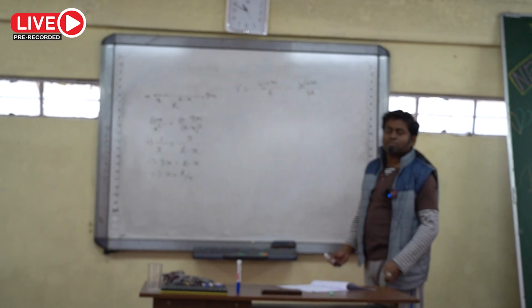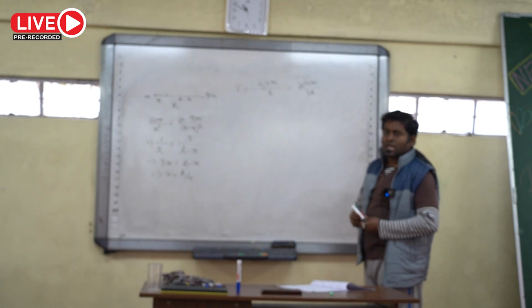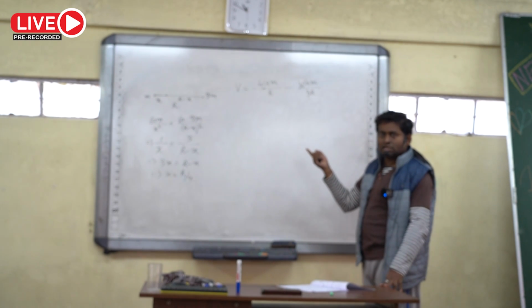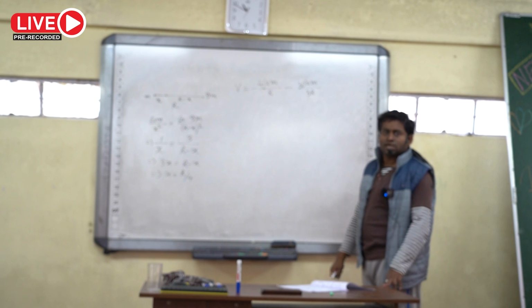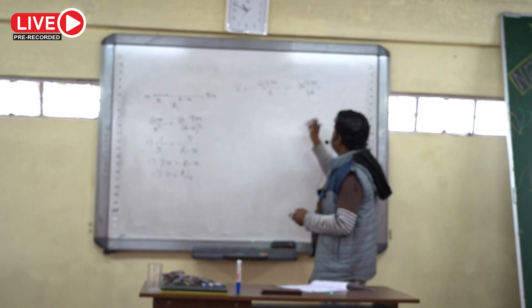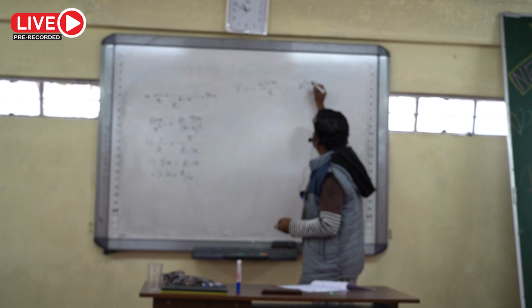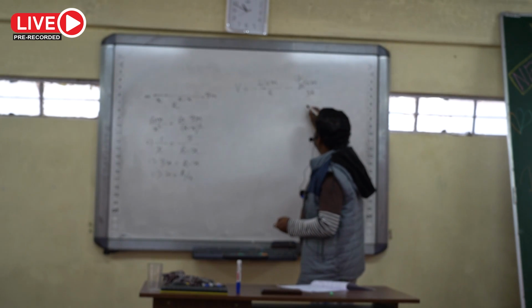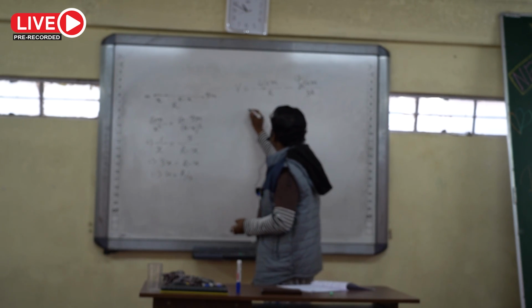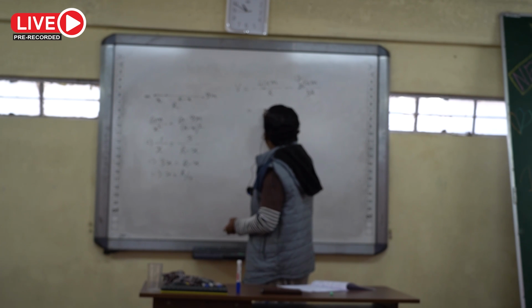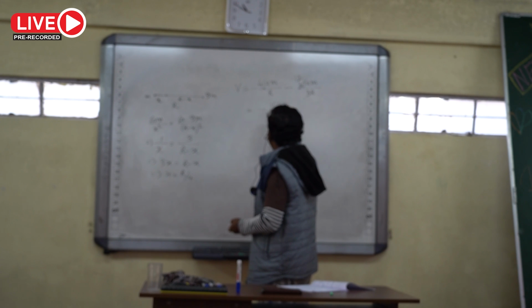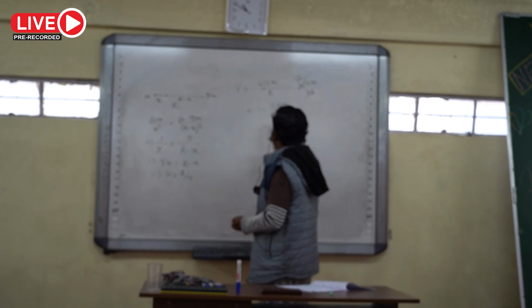R minus x will be 3r by 4, and there is already a 9 in the numerator, so 9 into 4 is 36. So this will cancel, 12. So this will be minus 16 Gm by r.